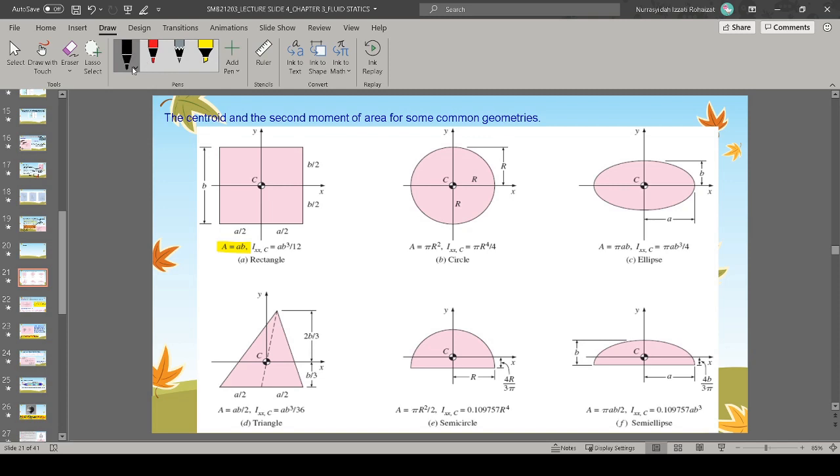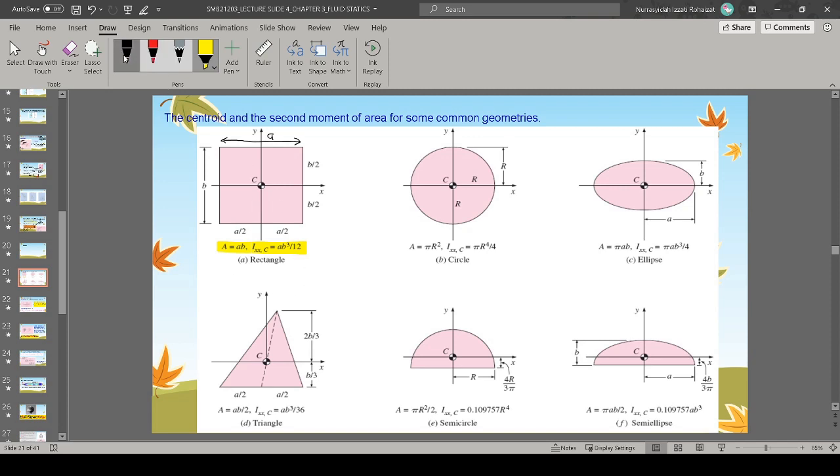Let me change this to a thinner line. So this is your A. A times B gives you the area, and the formula for the moment of inertia for a square or rectangle is A B cubed over 12.